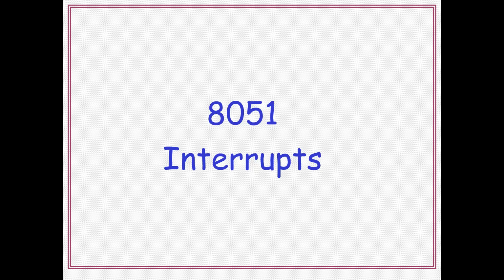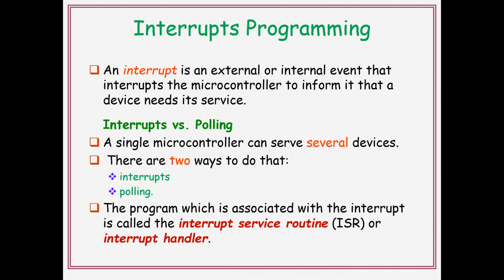So at a time it can handle timers, read data from memory, write data into memory, and serial communication. More tasks are performed by using the interrupts mechanism. That is the advantage of interrupts.